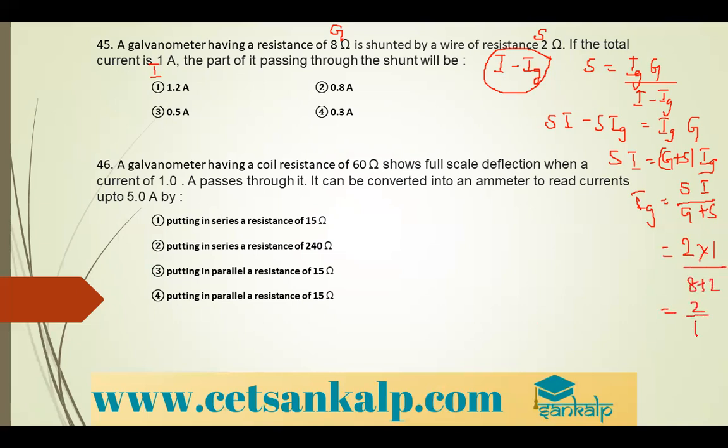So 2 divided by 10, that is 0.2 ampere. So now what I need is I, which is 1 minus 0.2 ampere, so it is 0.8 ampere.